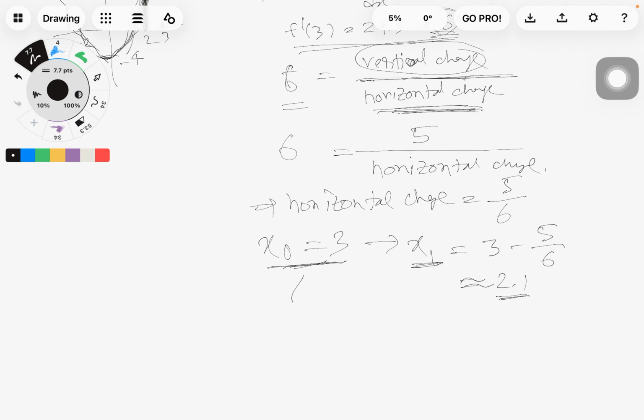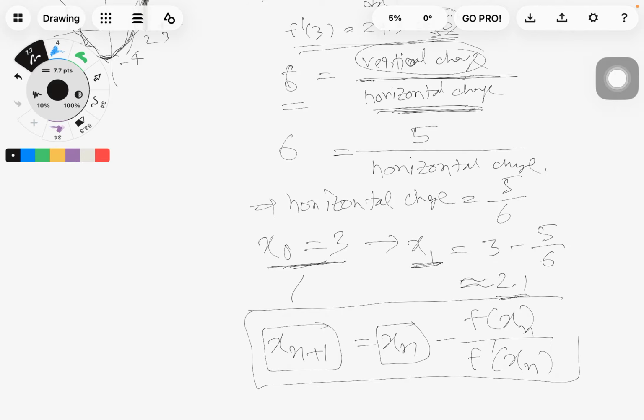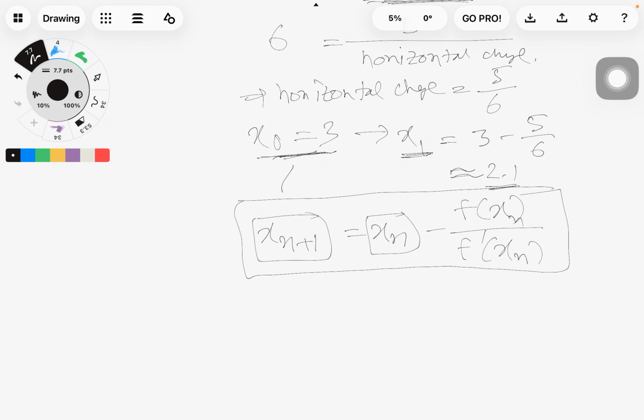our actual value, right? If we were to formalize this Newton-Raphson method, our formula would look something like this. x(n+1) is our updated x value, which depends on the old x value minus f(xn) divided by f dash (xn). Why? Well, take a look at this.